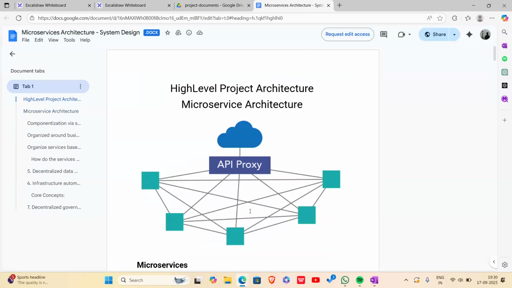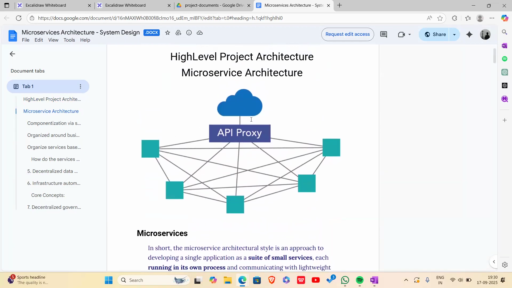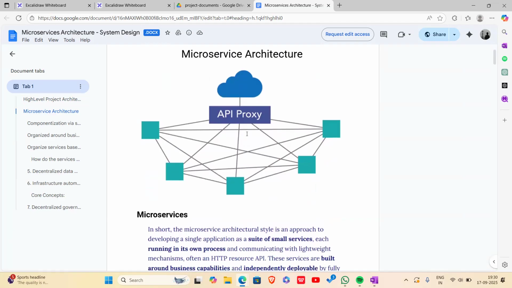Before microservice, there was the monolith, also known as the modular monolith, and to overcome their limitations, microservices were introduced. In the beginning stages of microservices, there was no particular way of doing things.